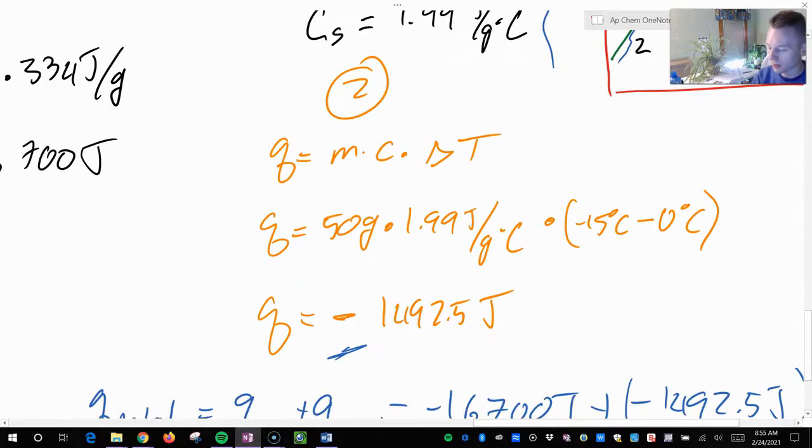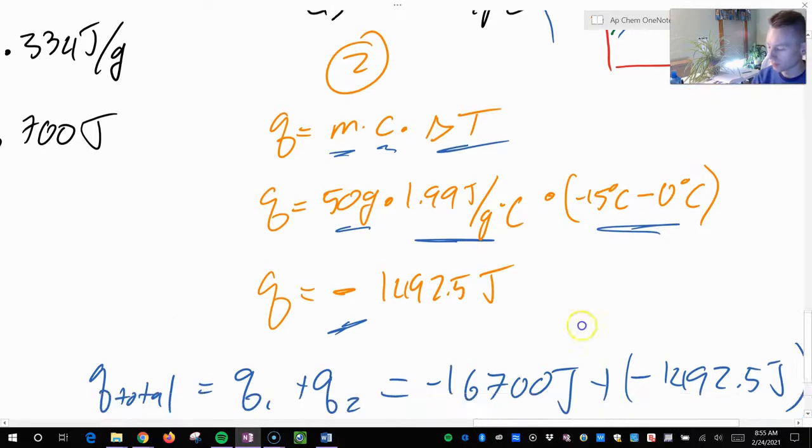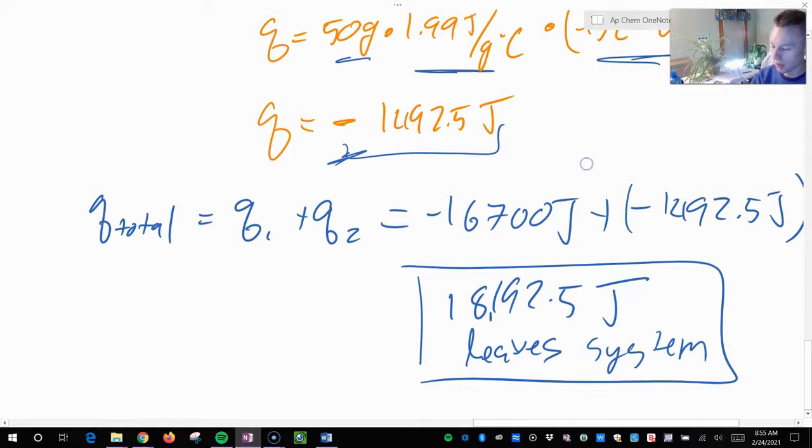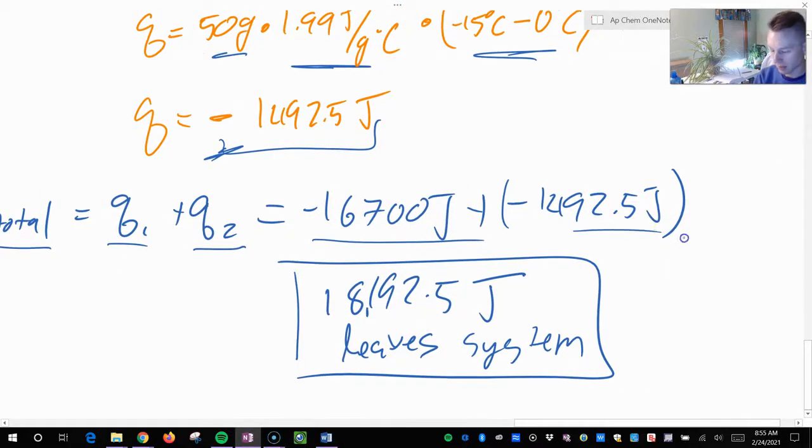So that's where my part 2 comes in. You got MC delta T, mass is given to us. I gave you the specific heat capacity of solid water, and then change in temperature, final minus initial. When you put those together, you get this number. And so in the end, I did my Q total equals Q1 plus Q2, and I got this number plus that number, final number here.